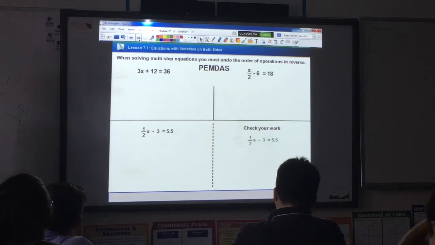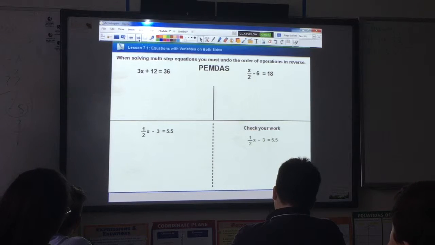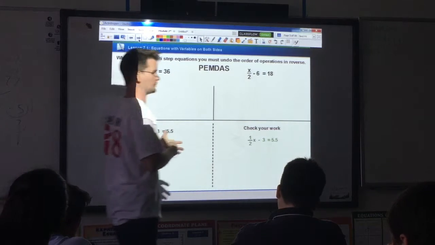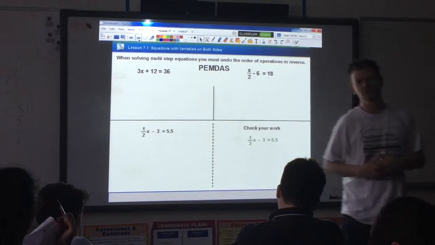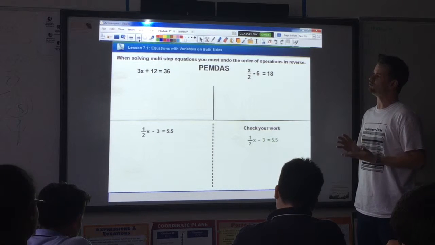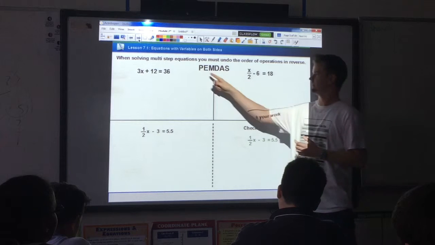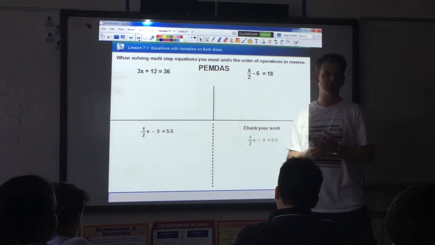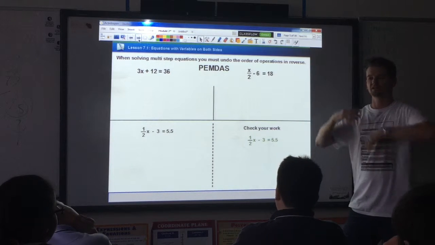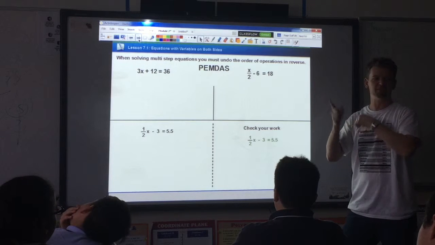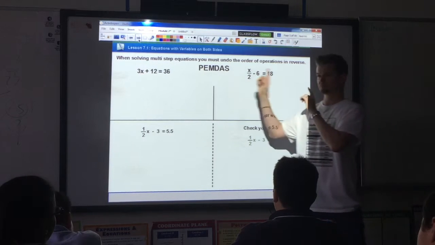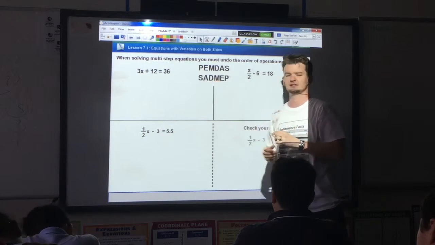Now let's move into two-step equations. When we do two-step equations, we have to undo the order of operations in reverse. When you were little kids, in elementary school, maybe 4th grade, you learned "please excuse my dear Aunt Sally," PEMDAS. Since we're undoing the order of operations in reverse, it becomes SADMAP.